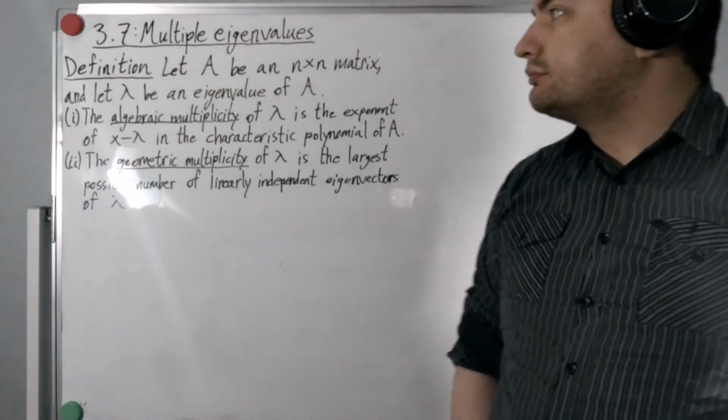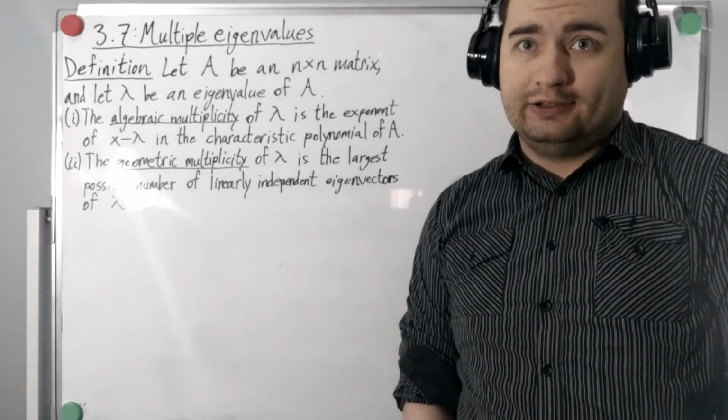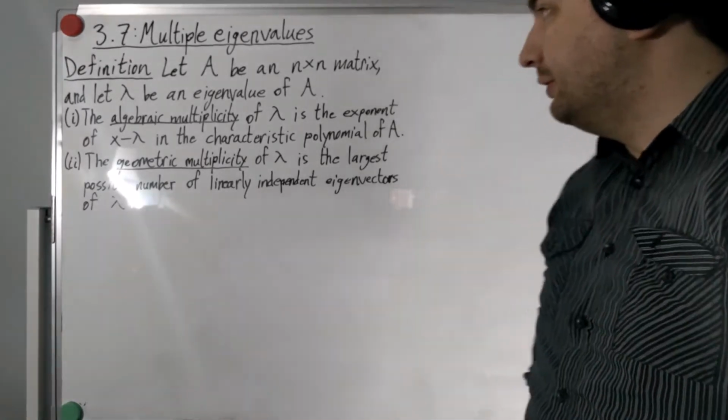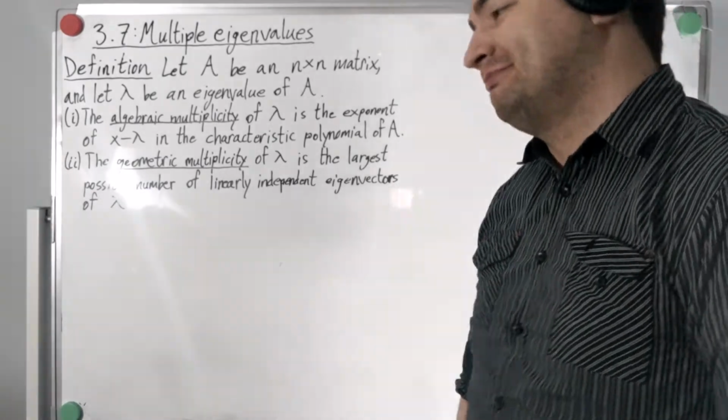Okay. In all of our examples so far, the algebraic multiplicity and the geometric multiplicity have both been 1. So, of course, today's topic is about when they're not 1.